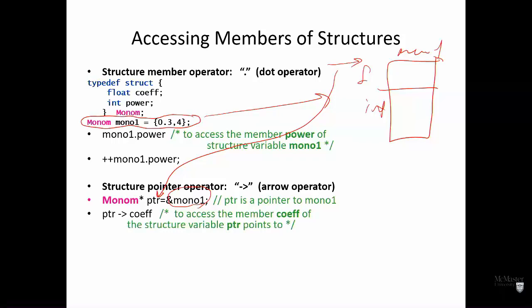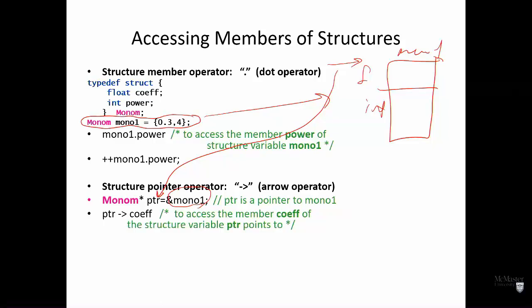If you do this, you can access the elements of this structure through the pointer using another operator, the structure pointer operator. This is the dash, larger-than sign, the arrow. It's completely equivalent to the dot. Use the dot if you are accessing the structure itself.